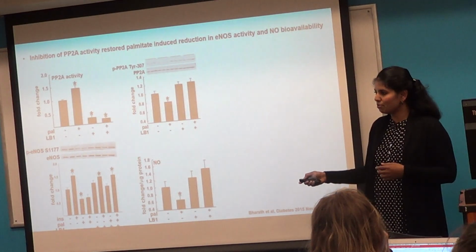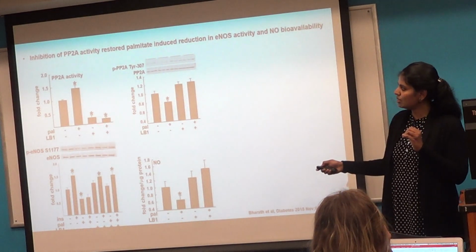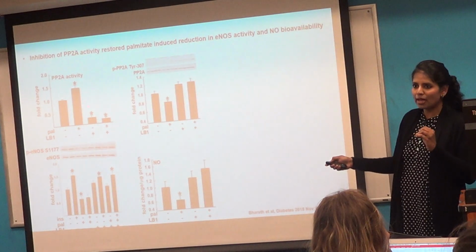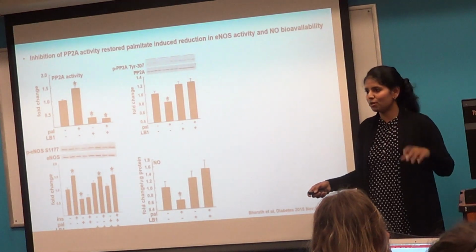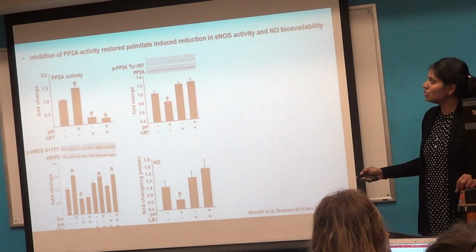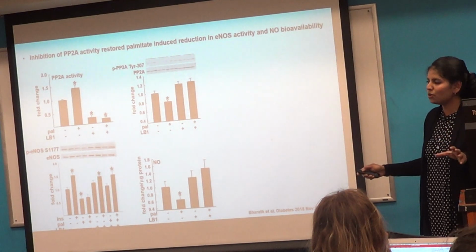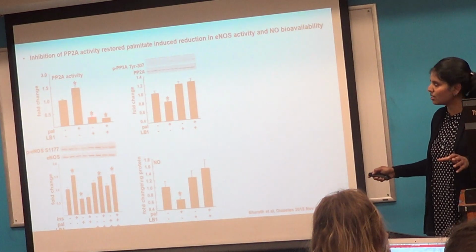So we took that LB1, which is a phosphatase inhibitor, and we threw it in cells with palmitate, and you can see how PP2A activity is down. That drug inhibits the activity of PP2A. This is another way of testing whether PP2A activity is down. Once again, it's a Western blot. This is a direct measure. The activity assay has gone down.